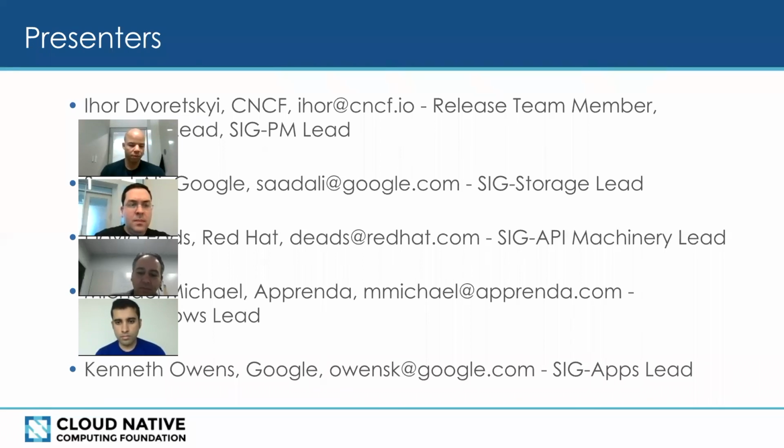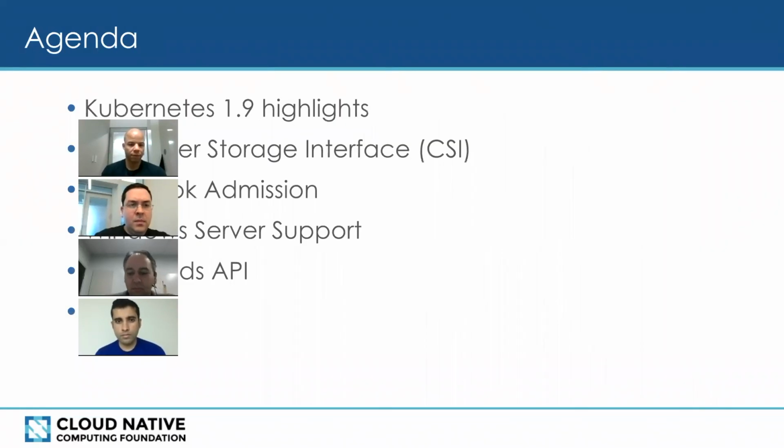So today we'll speak with you about the highlights of the Kubernetes 1.9 release, why this release is so exciting for Kubernetes people and for the Kubernetes community. And today we'll also highlight a group of new and major features that have appeared in this release.